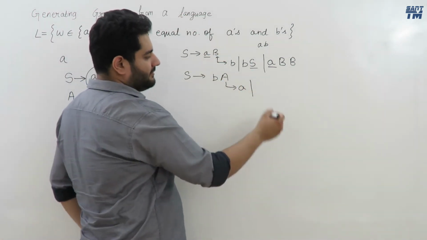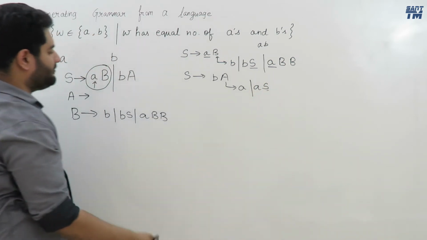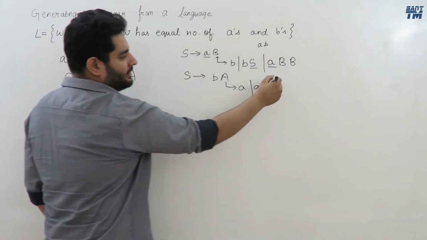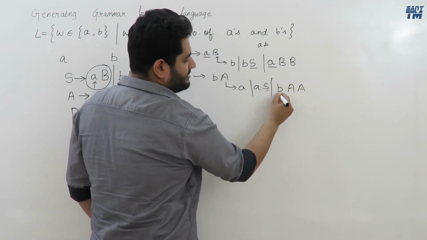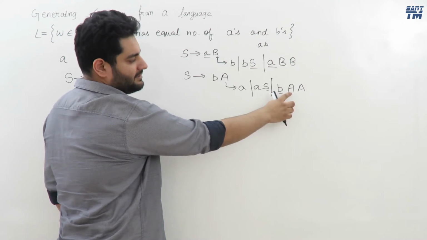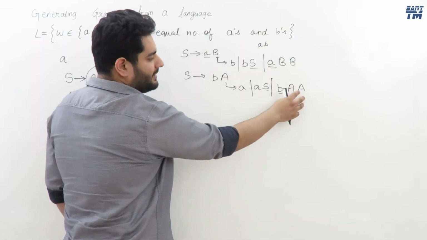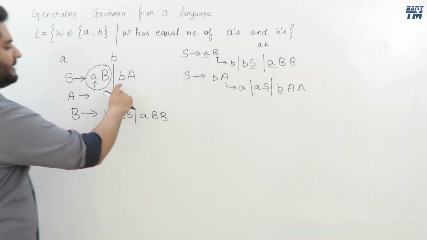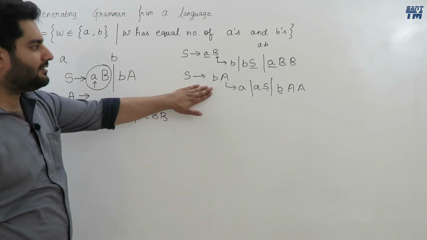Or you can recursively increase the number of A's and simultaneously increase the number of B's by using this production BA again in place of S. Or you can substitute a production like BAA where you increase the number of B's, and again recursively you can increase the number of B's by substituting BAA in place of this A also. Or in the place of A you can again substitute AS, and from S you will get BA. So the number of A's and B's will finally be equal.